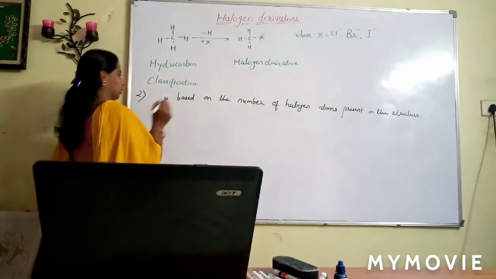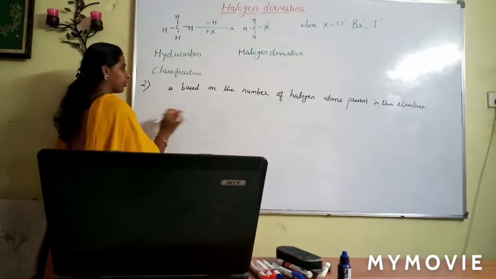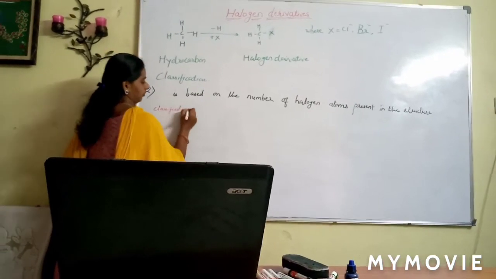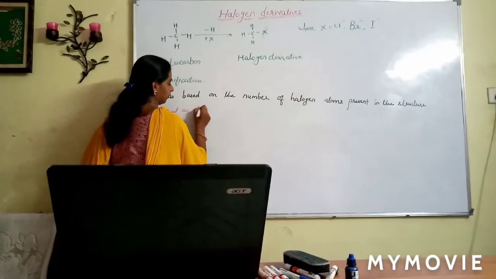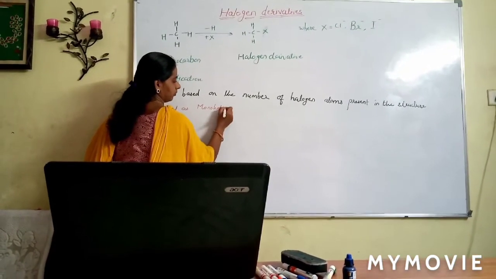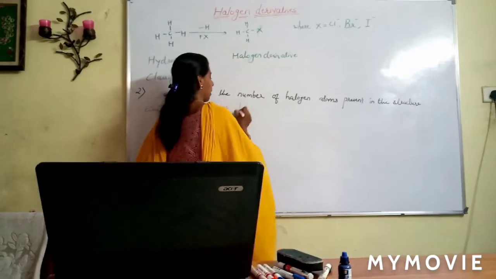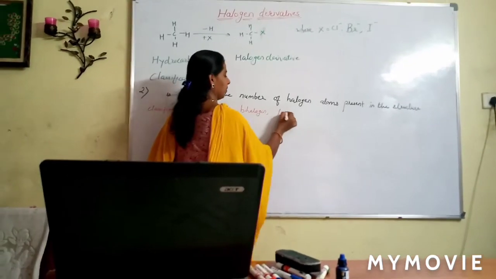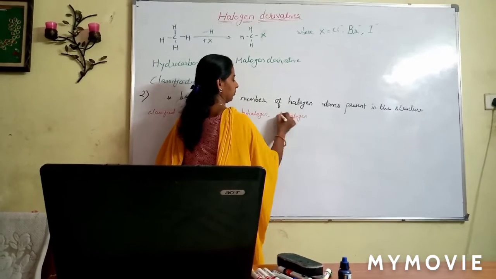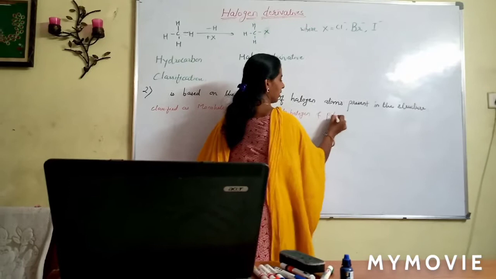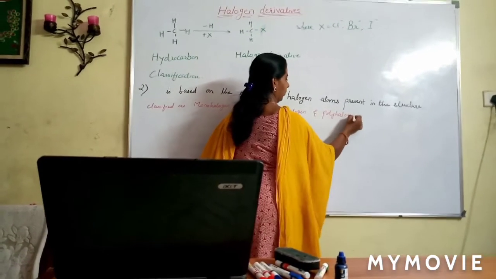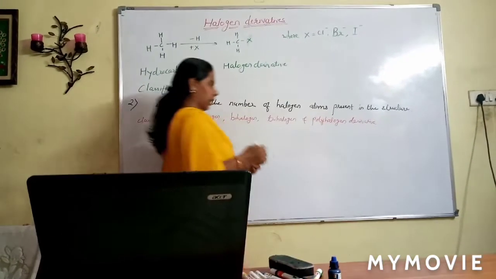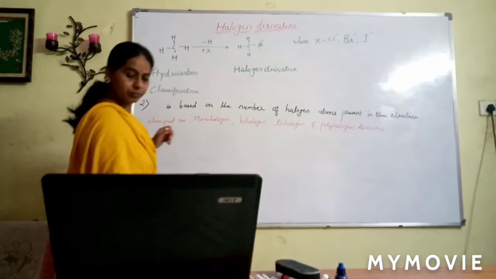Examples are, and also on the basis of number of halogen, these are classified as monohalogen, bihalogen, trihalogen, and tetra, which we can consider as polyhalogen derivatives. Now we'll see the structure.